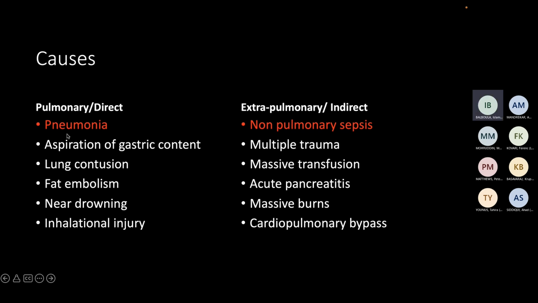It can also happen after aspiration of gastric content, lung contusion, fat embolism, near drowning, inhalational injury, multiple trauma, massive transfusion, acute pancreatitis, massive burn, and with cardiopulmonary bypass. And the symptoms should start within 7 days of a known risk factor or an insult.